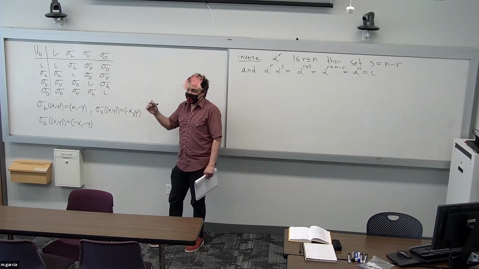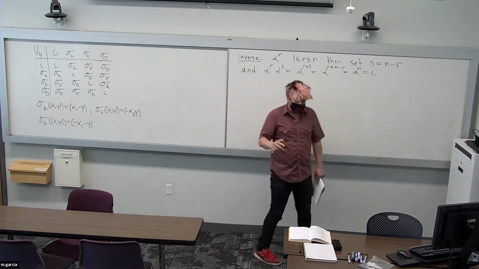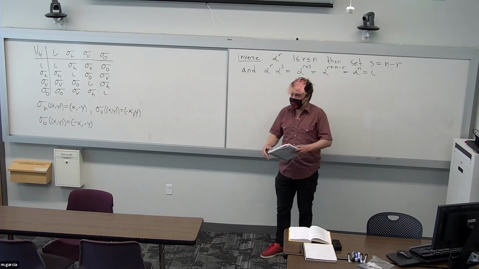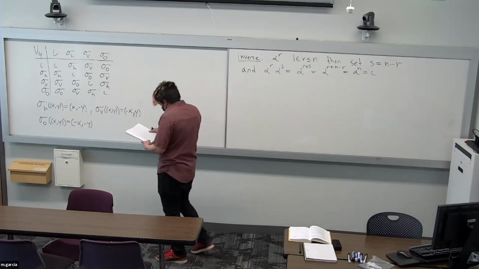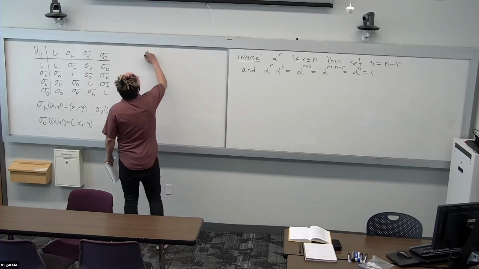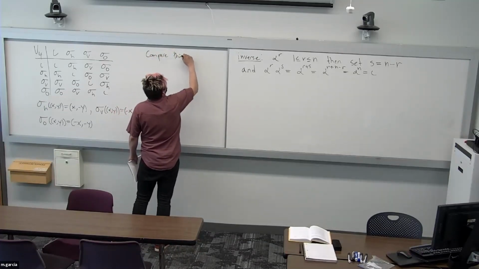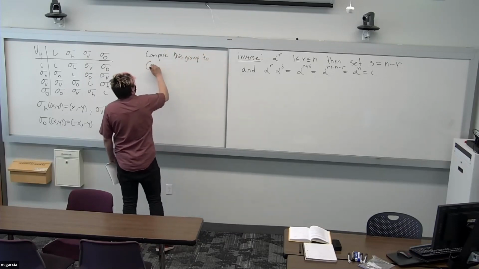That is to say, it necessarily requires more than one generator to make the group. So let's compare this group to C4.